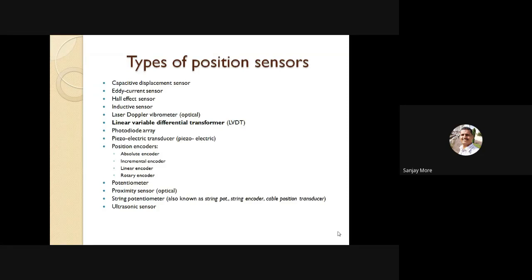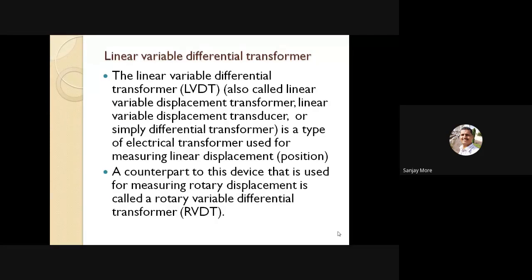This is the types of position sensors. Next one, linear variable differential transformer, in bracket LVDT.